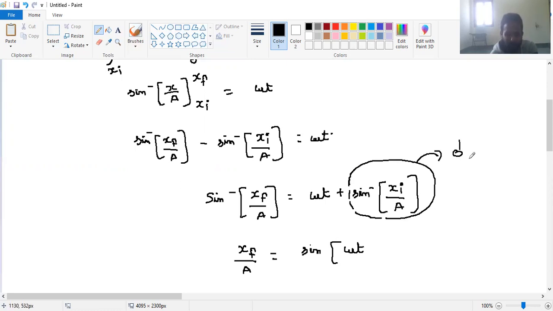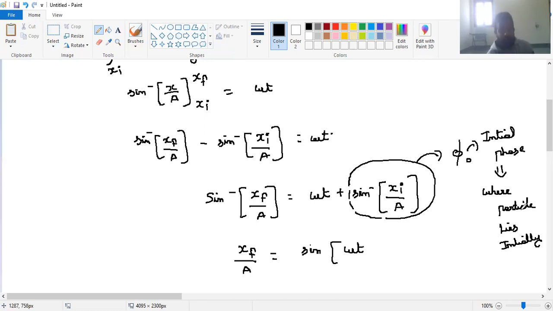What is phi naught? Phi naught is called the initial phase. What is meant by initial phase? Initial phase is nothing but where the particle rests initially.